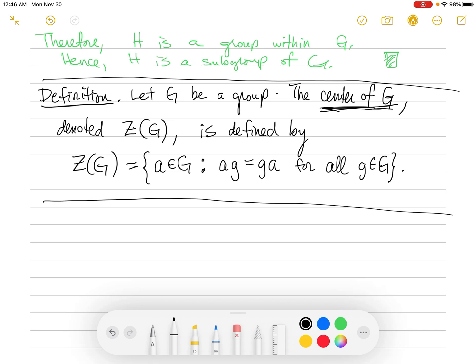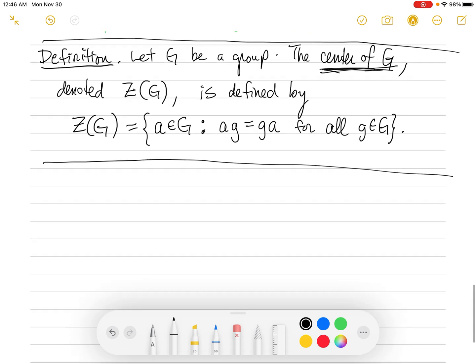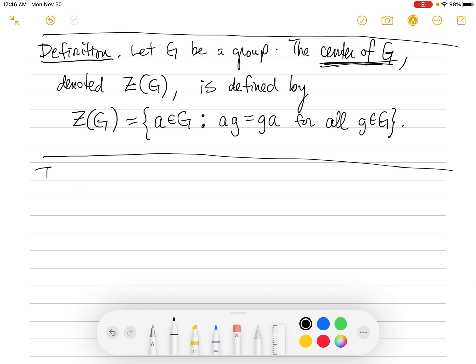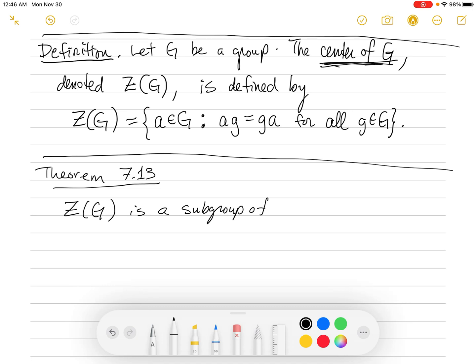So this is called the center. So we want to prove that this is actually a subgroup of G. So Theorem 7.13, the center of G is a subgroup of G.